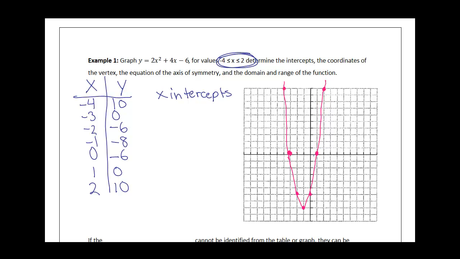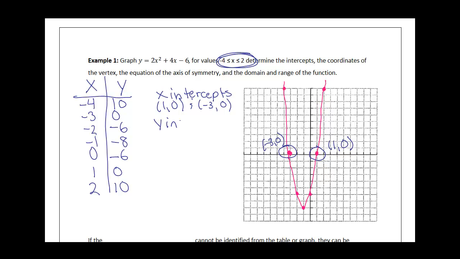So our x-intercepts are when the function crosses the x-axis, and we have two, one here and one here. And the coordinates of those x-intercepts here are 1 and 0, and then -3 and 0. So we have x-intercepts 1, 0, and -3 and 0.